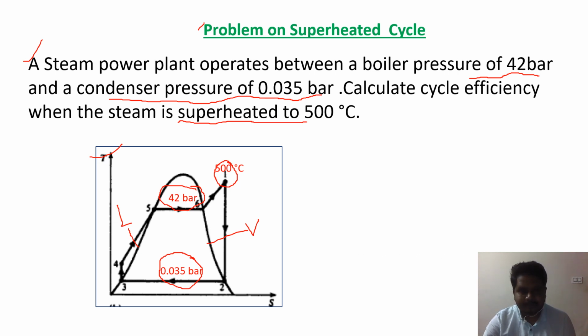So at point 1 we have to refer to the superheated steam tables, and since point 3 is on the saturated liquid line, we have to refer to the saturated steam tables. So with this understanding, let us solve the problem.